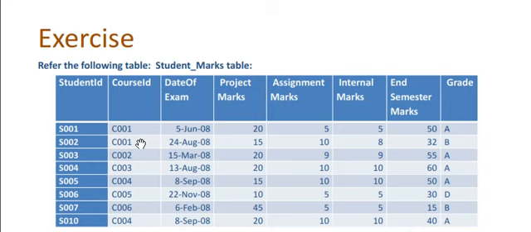I am going to perform the average on these two records only, on internal marks. 5 plus 8 is 13, and you will get 7 as the output. The average is not performed on all the values because in the where condition we have to write course ID is equal to C001. It takes only these two and the remaining values are removed.